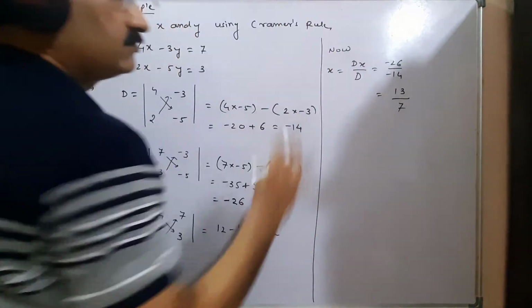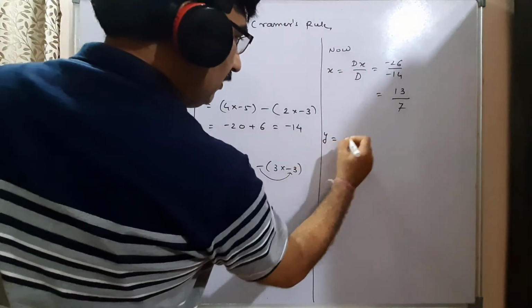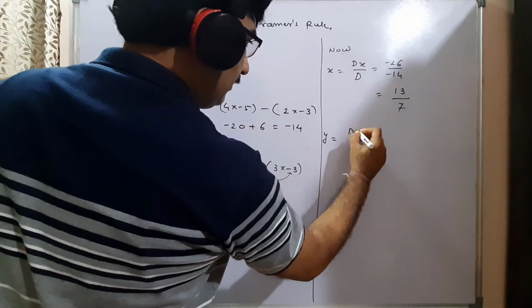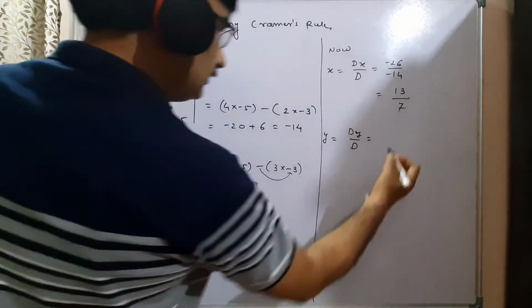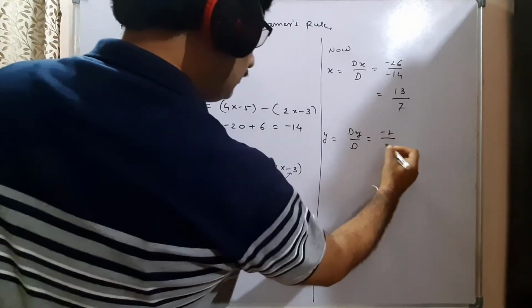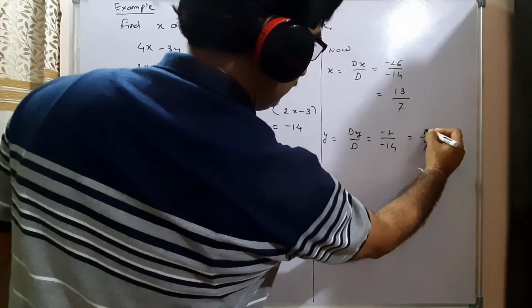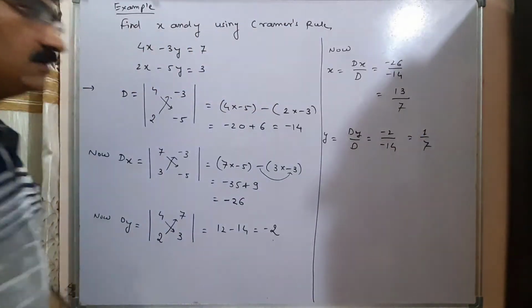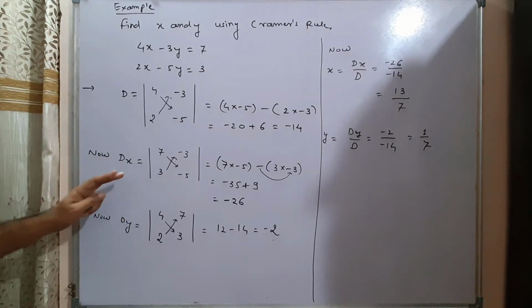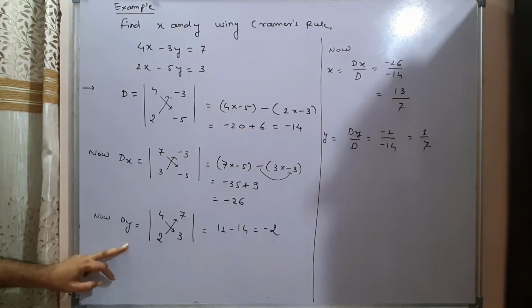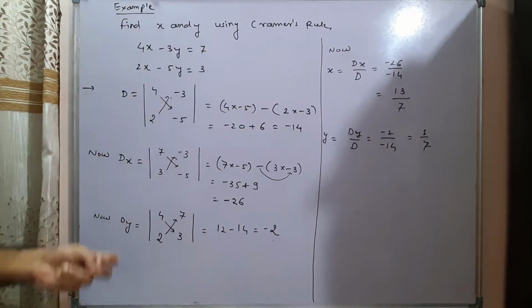Minus minus plus. And y is dy upon d, that is minus 2 upon minus 14, that is 1 by 7. So in such a way, we have to find out the values of x and y by using Cramer's rule.